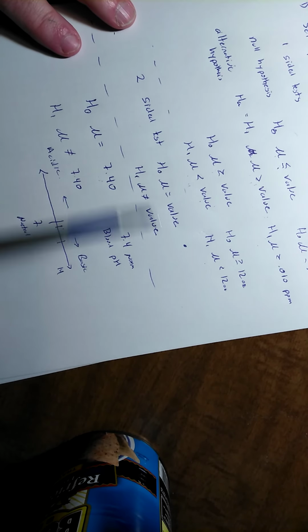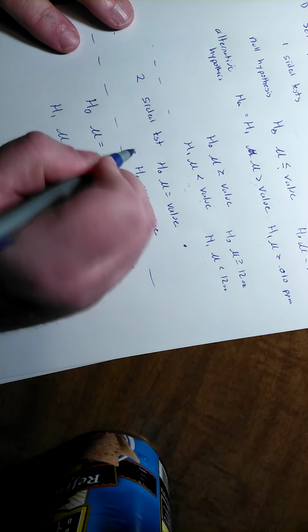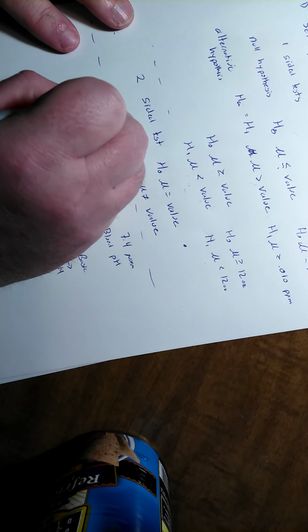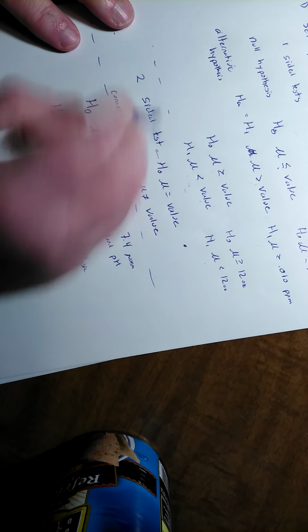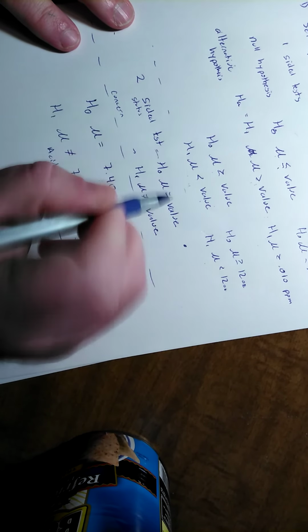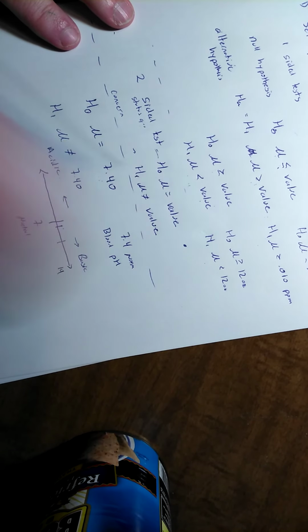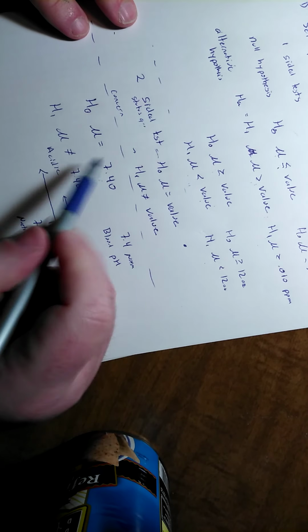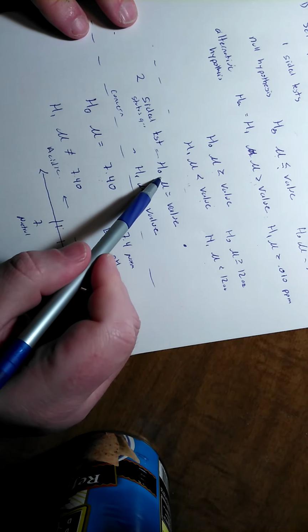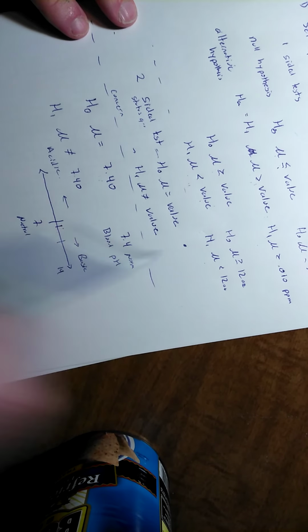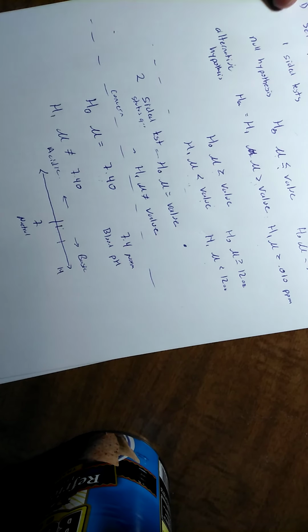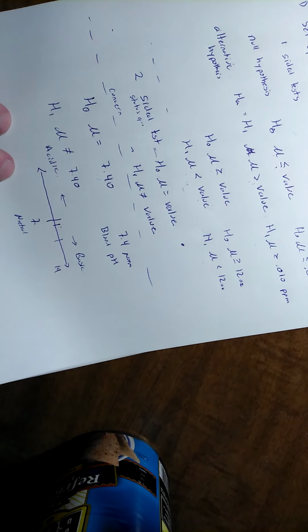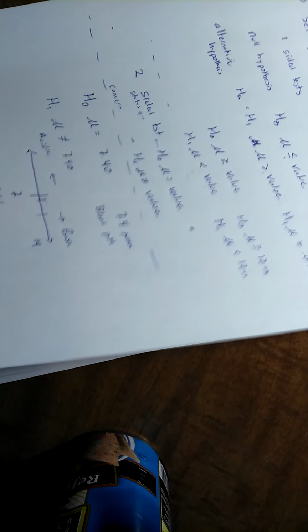Okay, so that's the concern here. The concern is always your H1, not your status quo. That's your H0. So if the box of cereal says 16 ounces, then H0 is your 16 ounces. That'll be a little bit more clear as you get a little practice at it, but we'll go from there.